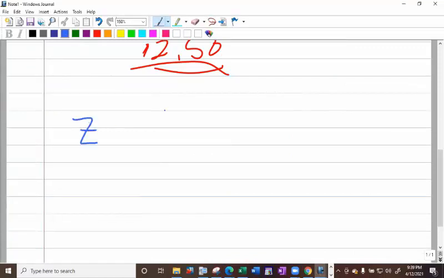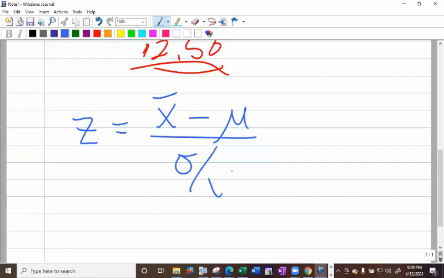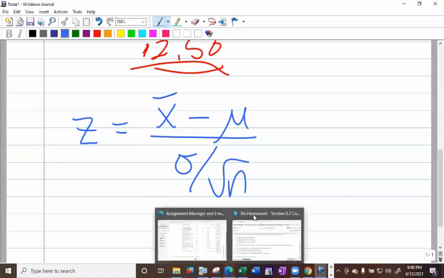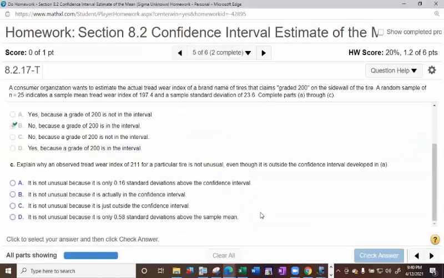So the sample mean was 190. Oh, above the confidence interval. Oh, that's okay. So that's what we have to use.